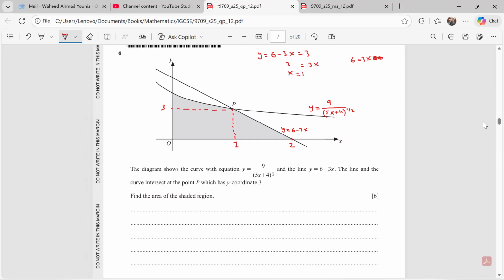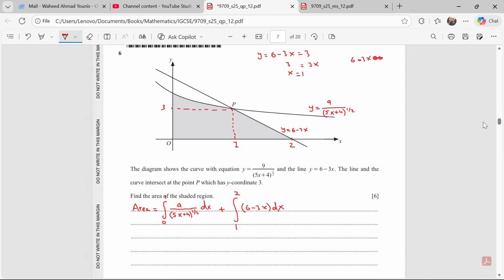Now I can find the area of this shaded region. This area would be equal to the integral of this function, 9 over (5x plus 4) to the power 1 by 2, dx, from 0 to 1, plus the integral of this function, 6 minus 3x, dx, from 1 to 2.